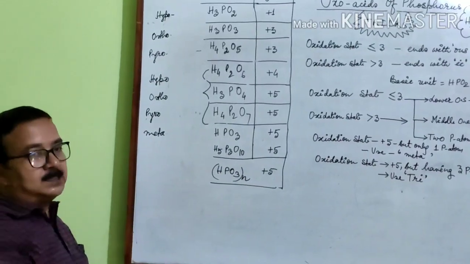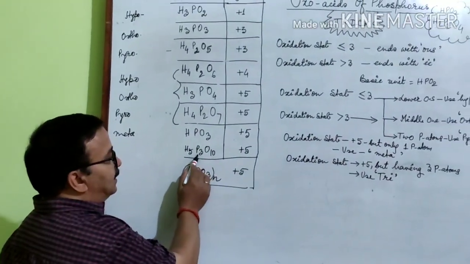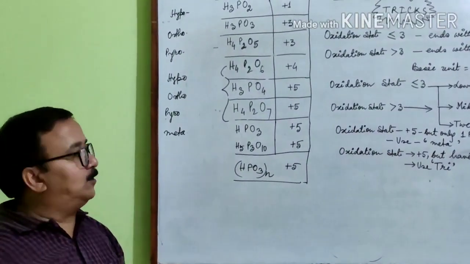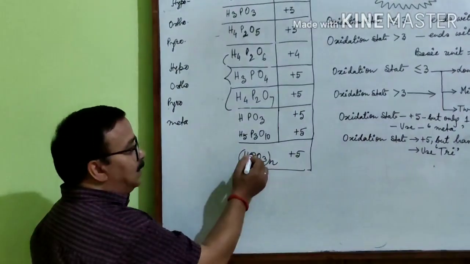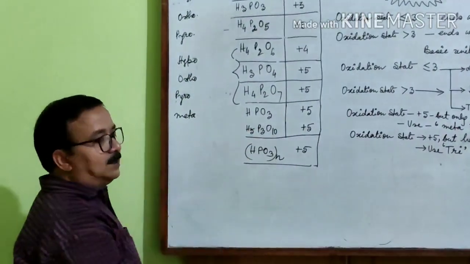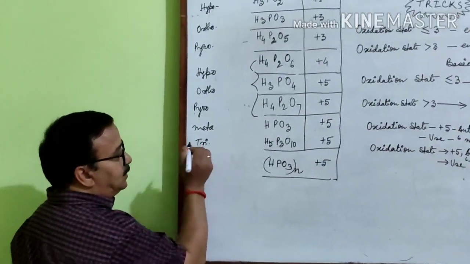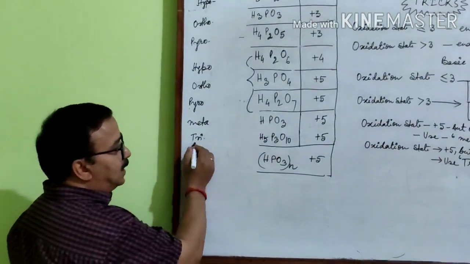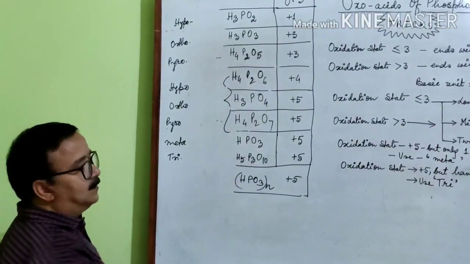H5P3O10, here altogether there are 3 phosphorus atoms and oxidation state of each phosphorus atom is +5. Therefore, here it is a bit different. We will use the term tri. Oxidation state is more than 3, therefore it is triphosphoric acid. This one is metaphosphoric acid.